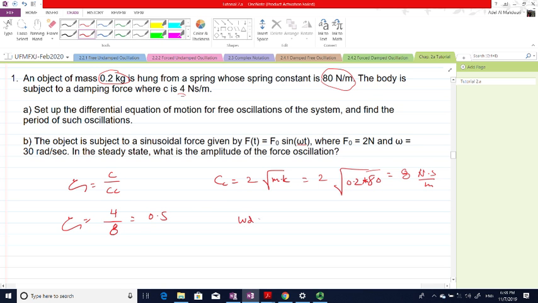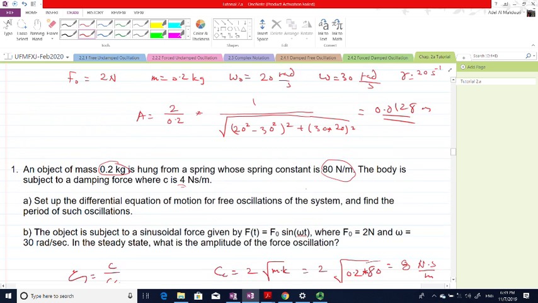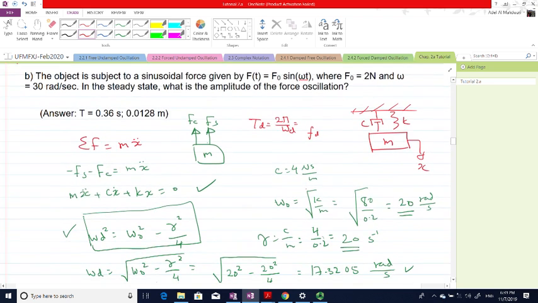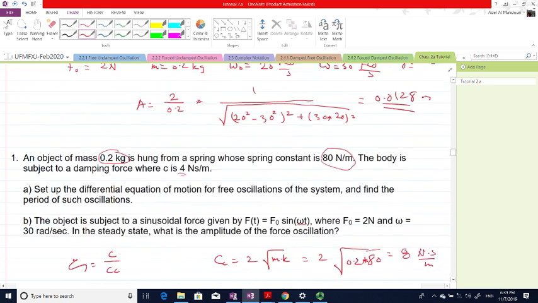Omega d would be equal to omega naught times square root of 1 minus zeta squared. This is a formula you remember, from the dynamics course. Omega naught, we determined it before. Omega naught, how much? 2 pi f, or omega naught is square root of k over m, which will be 20.